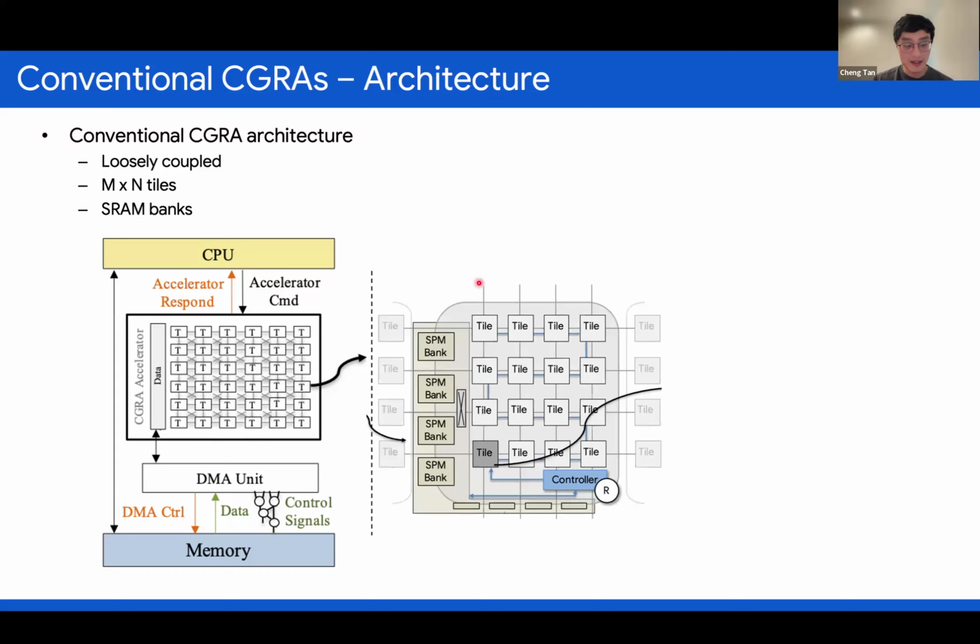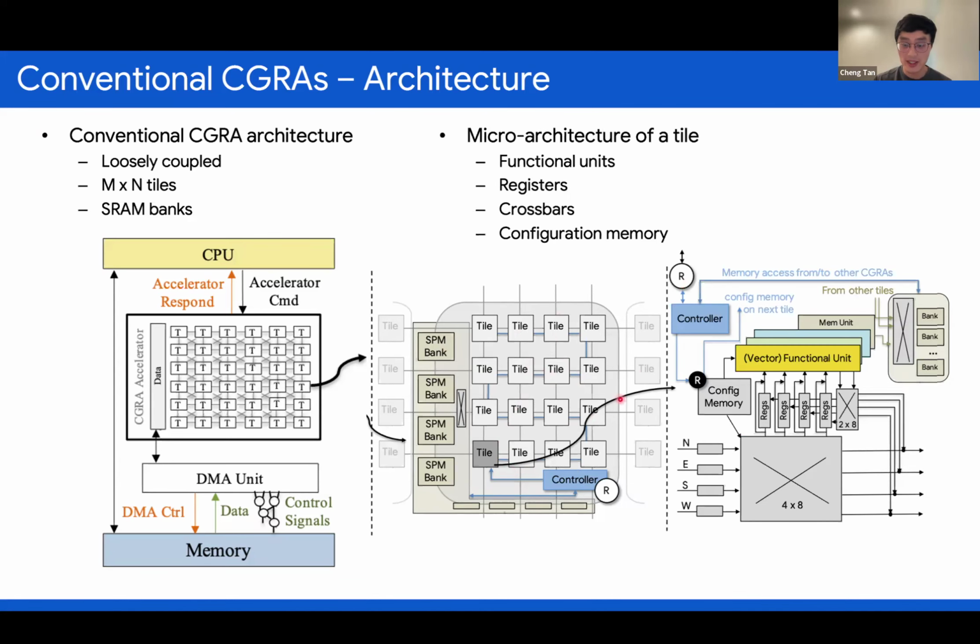Yeah. And a conventional CGRA accelerator normally contains multiple tiles and multiple SRAM banks, and a subset of tiles can access the SRAM banks for load-store operations. You also need some control routing to preload the configuration into each tile to notify it what it needs to execute in each cycle.